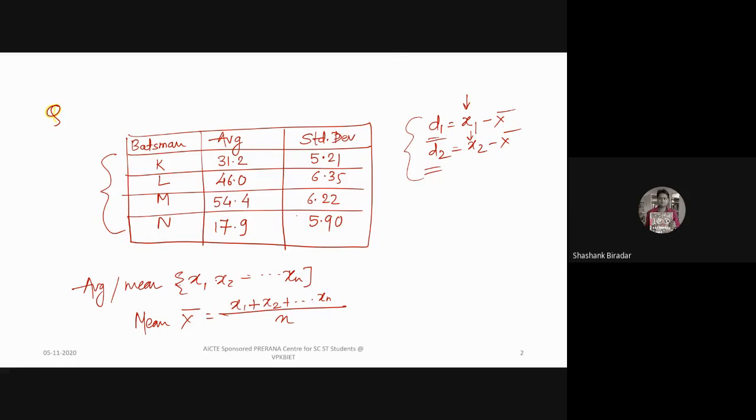So what is your thought regarding this one? Who is the most consistent batsman amongst the four?